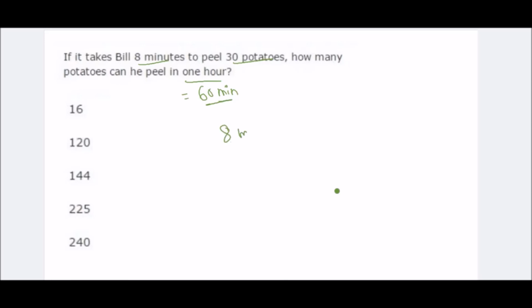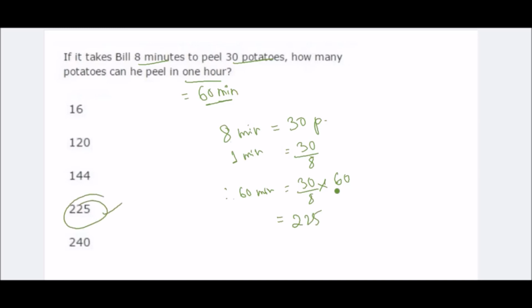So in 8 minutes Bill can peel 30 potatoes. So in 1 minute he can peel 30 by 8 potatoes. So in 60 minutes it will become 30 by 8 into 60. That will become 225. Answer will be the 4th option.